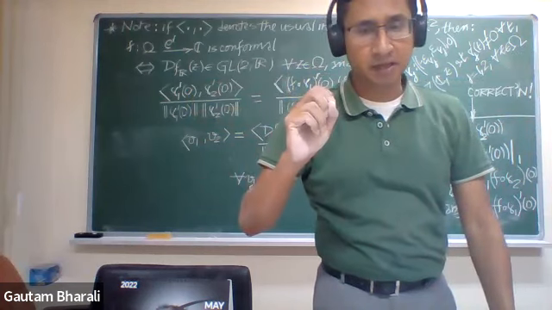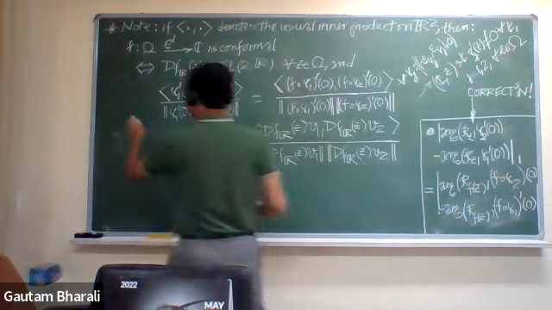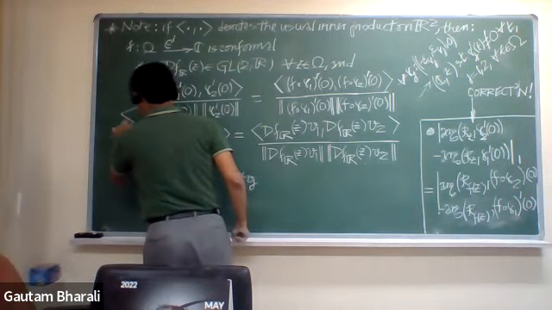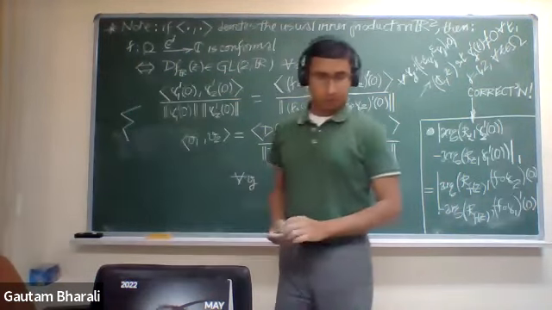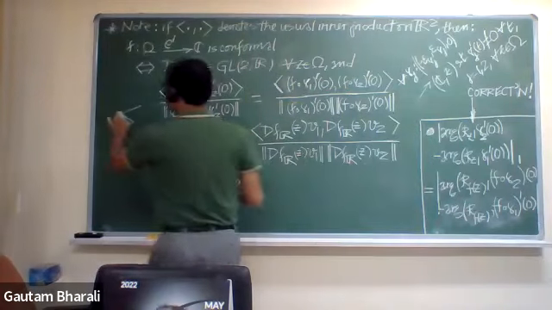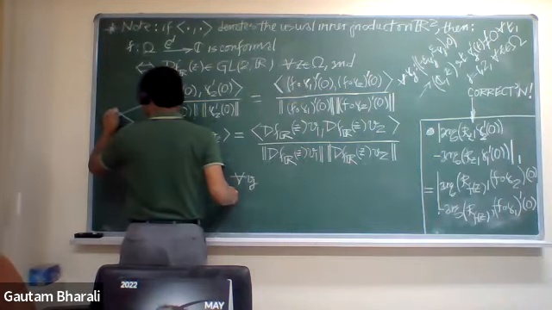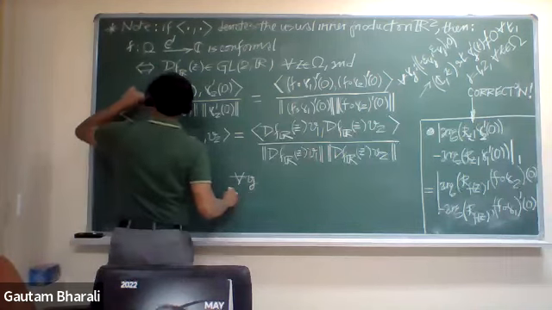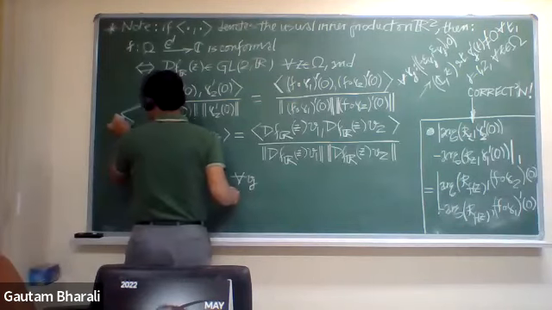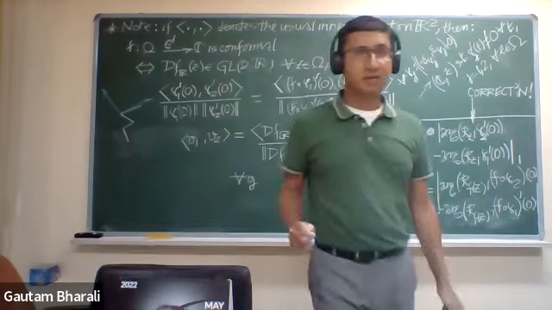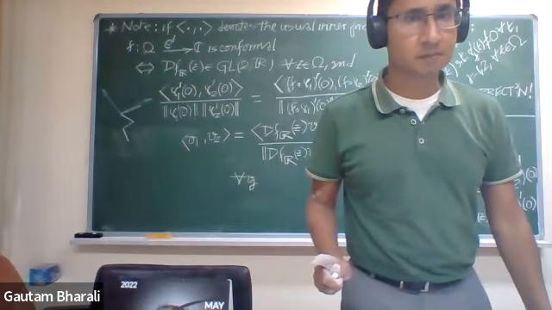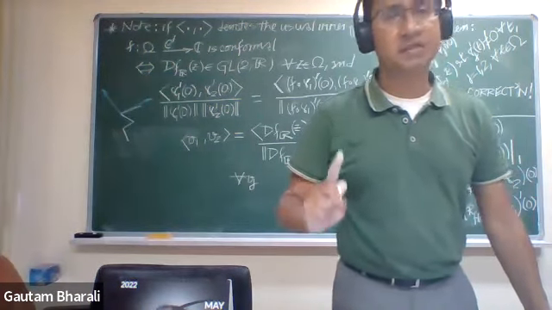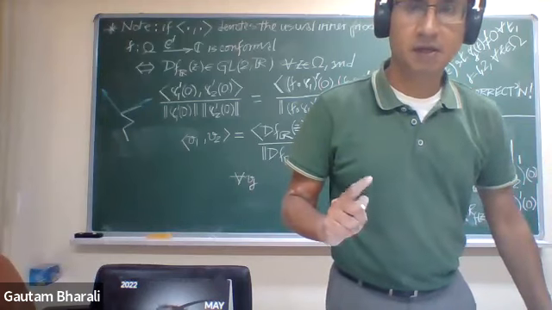Because if I have a curve like this, at this point, what is the tangent vector? There is no well-defined tangent vector, right? Do we go with this line or do we go with this line? There's an ambiguity. Do you see that? So we want C1 and C2 to be smooth curves.